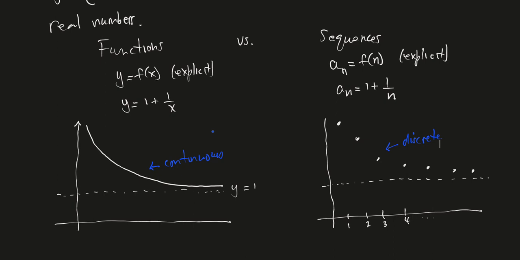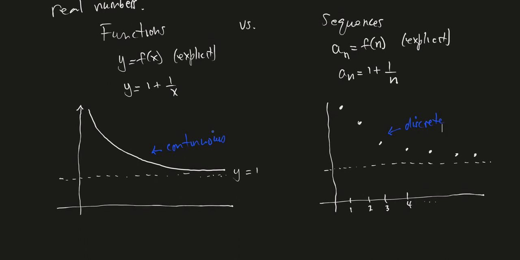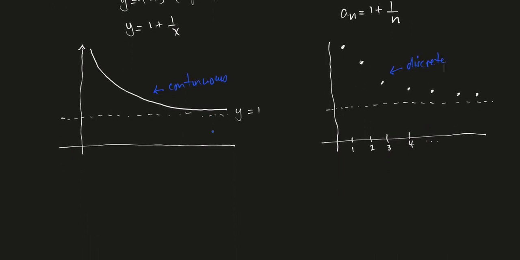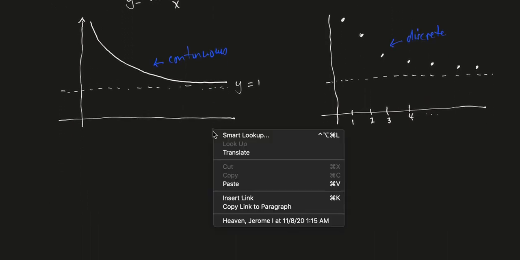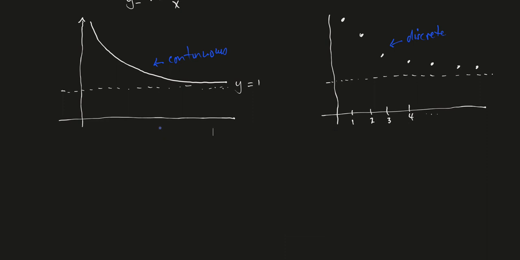And let's just continue with some other differences. So going back to my example here of a sub n is equal to 1 plus 1 over n. When I write this, there is no real restriction on n.